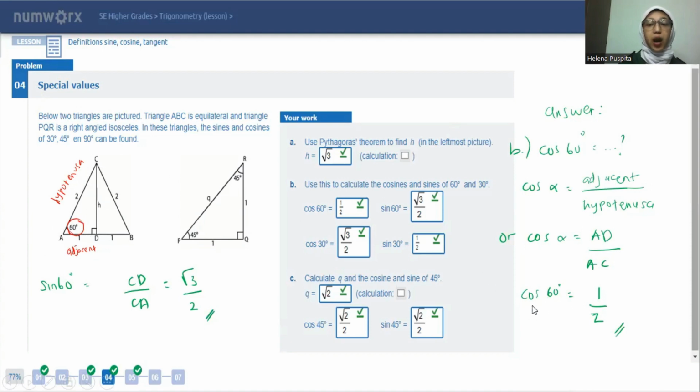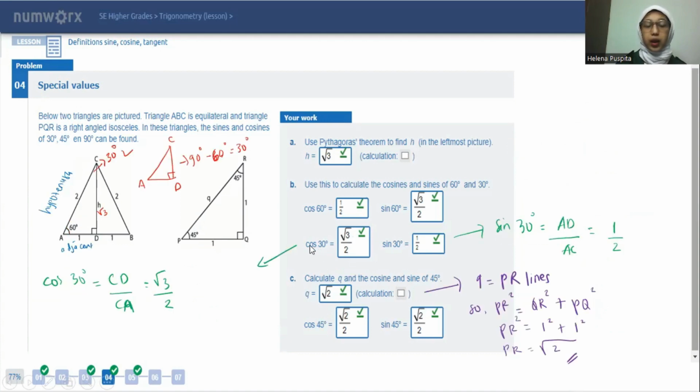Then cos 60 degrees equals 1 over 2. And then sine 60 degrees, CD over CA, equals square root 3 over 2. So the solution is sine 60 degrees equals square root 3 over 2.